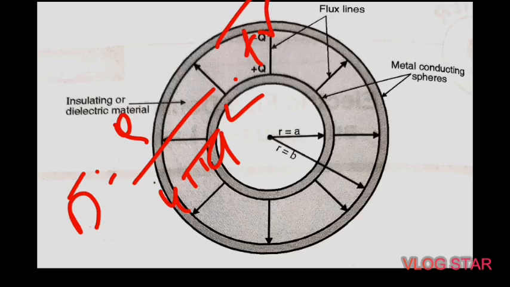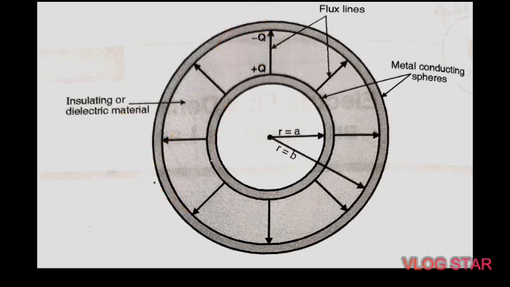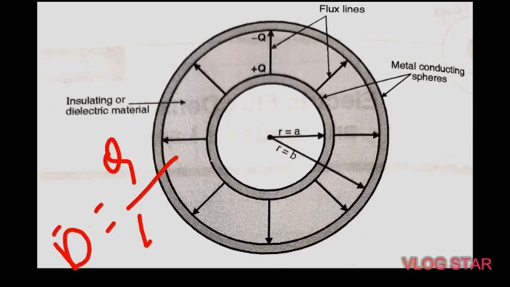This is the equation of electric flux density in vector form. Why in vector form? Because we have to multiply this equation by the unit vector a r bar. In a similar way we can write for the outer sphere: D bar is equal to Q upon 4 pi b square into a r bar.